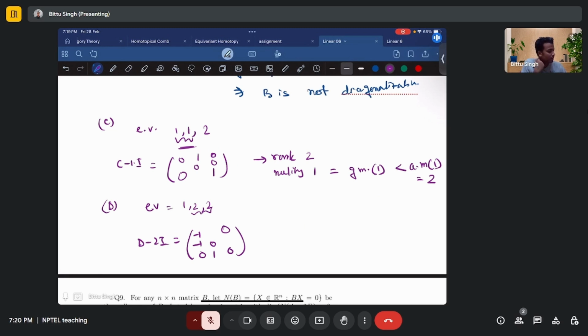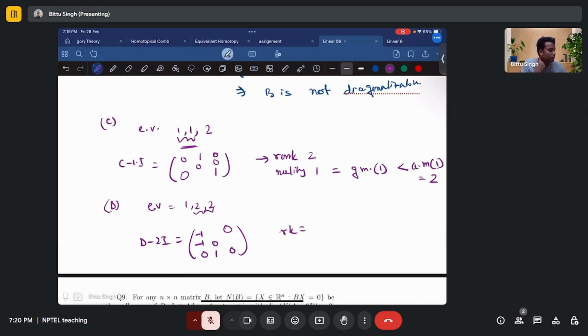So from here again the rank is 2, therefore the nullity is 1, which means the geometric multiplicity of 2 is 1, because this is D minus 2I.